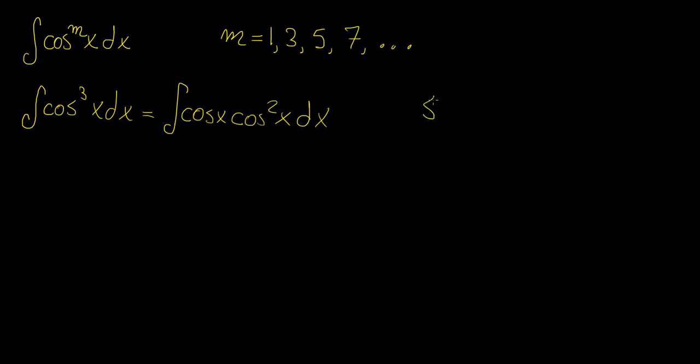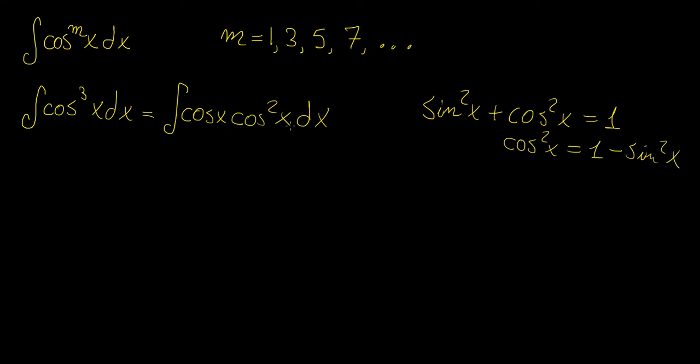So we can use the trigonometric identity sine squared x plus cosine squared x equals 1.